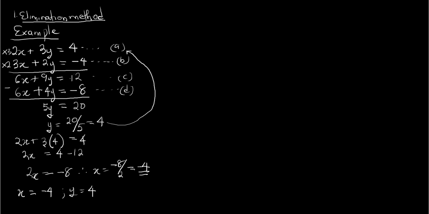In mathematics, it's always advisable to do some check if you can. So let's do a quick check to see if our answers are correct. To verify that these values are correct, we put the values of x and y into the previous equations. We can say 2 into minus 4 plus 3 into 4 should be equal to 4.